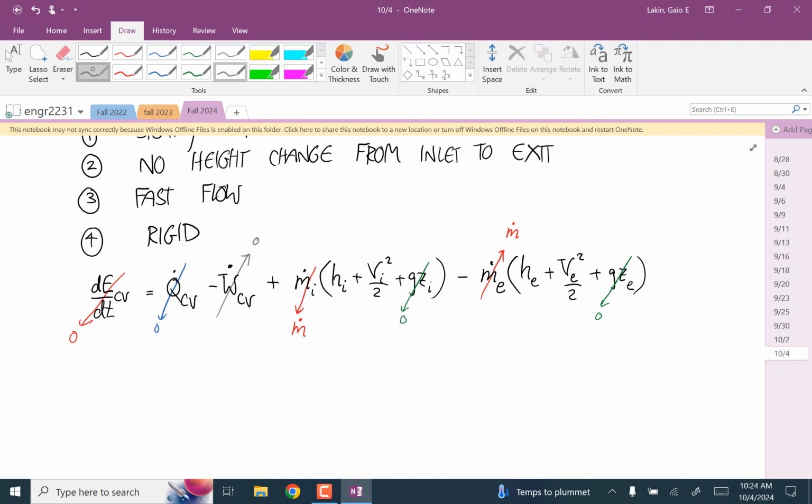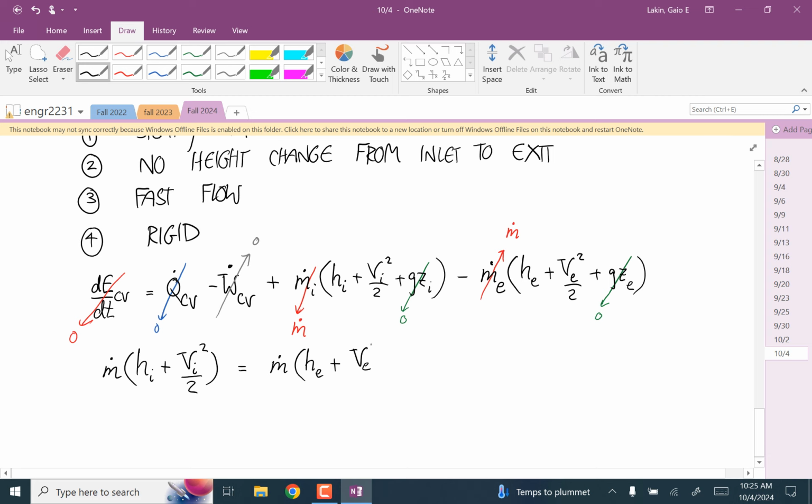And so the final form says, we can write this as m dot times the quantity h_i plus v_i squared over 2 is equal to m dot times the quantity h_e plus v_e squared over 2.